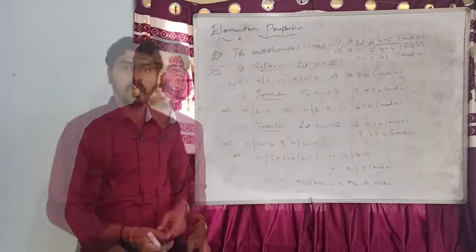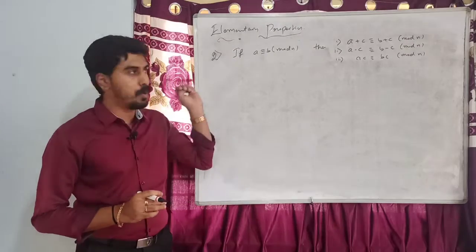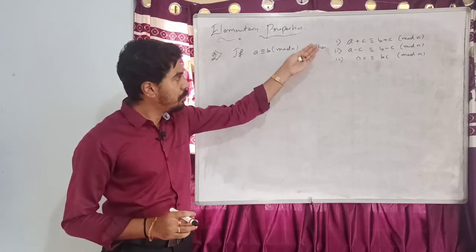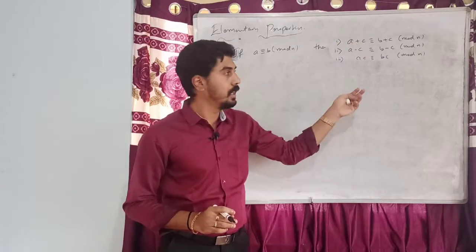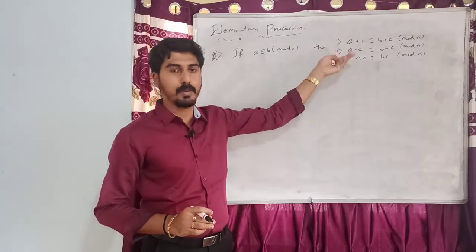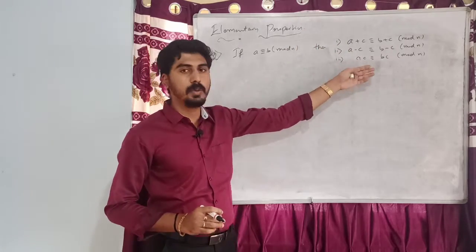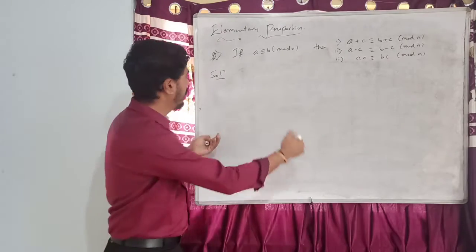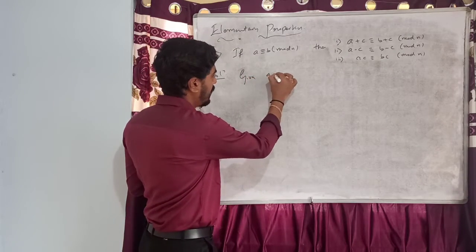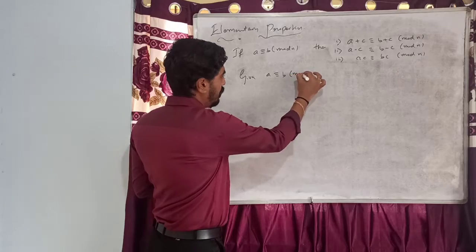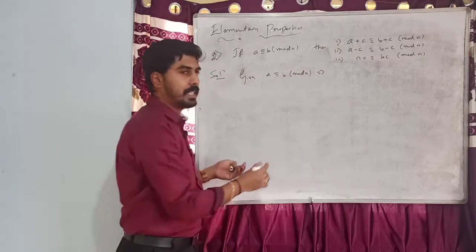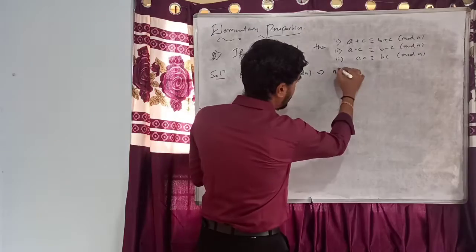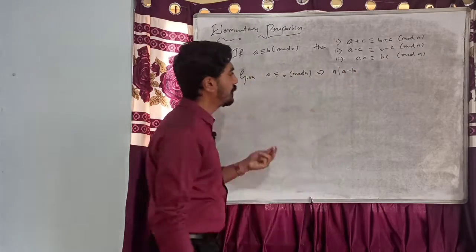Okay. Now consider the next property. If a is congruent to b modulo n, then a plus c is congruent to b plus c modulo n, a minus c is congruent to b minus c modulo n, and ac is congruent to bc modulo n. First, given that a is congruent to b modulo n, by the definition of congruence, n divides a minus b.